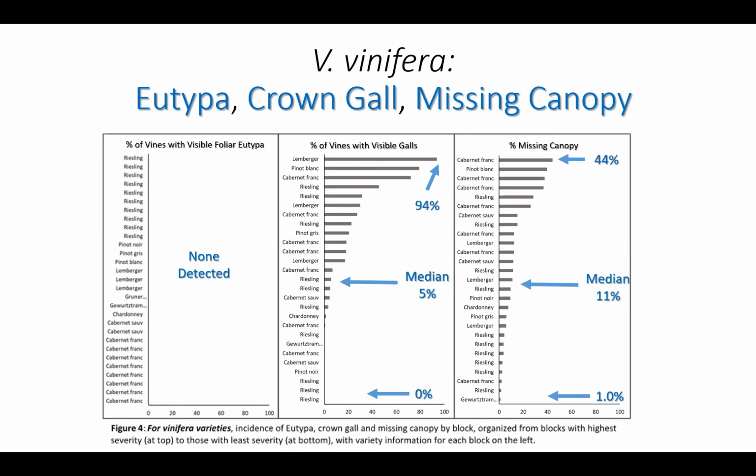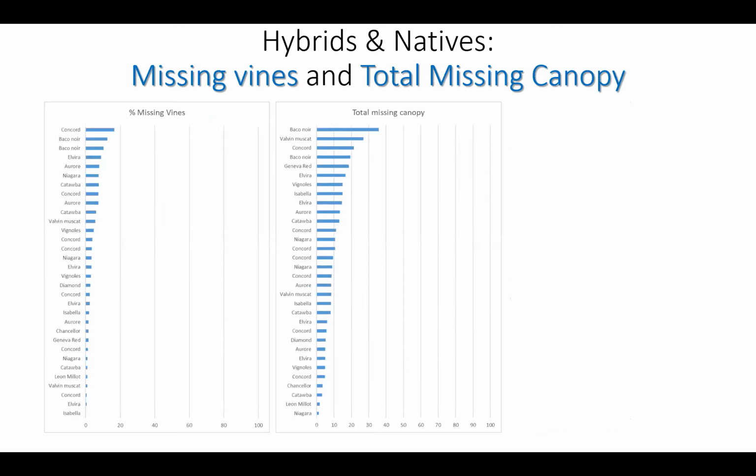So this takes into account all the vines that were in place, but it doesn't take into account the vines that were actually missing. So we have a separate tally for that. And here's the percentage of missing vines, the vines that had been ripped out.